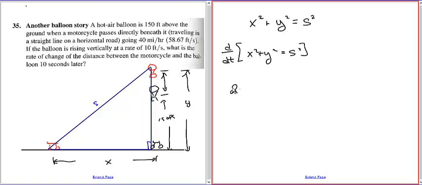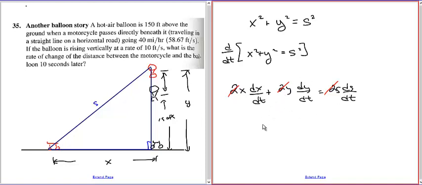So you take the derivative of x squared, which is 2x, and then add your x prime, or dx dt. Then you're going to have 2y dy dt, and on the right hand side is 2s ds dt. So you can see these 2's are going to cancel out because we have one in each term.